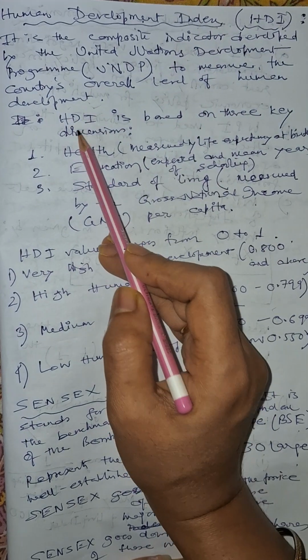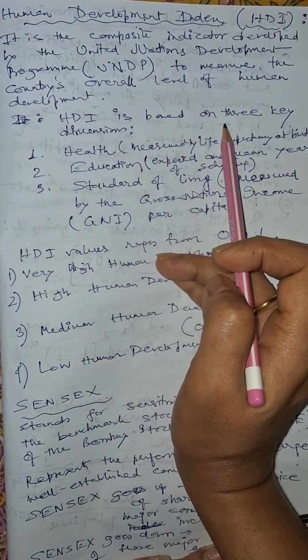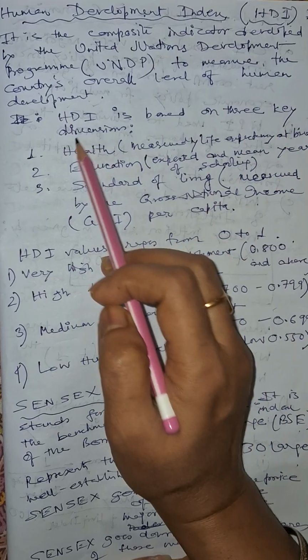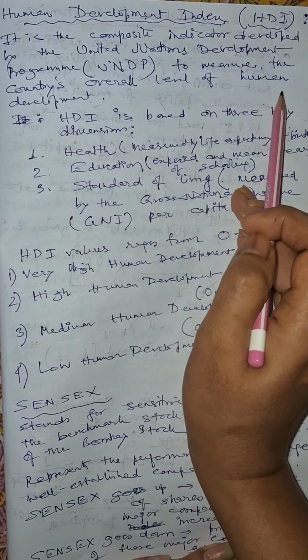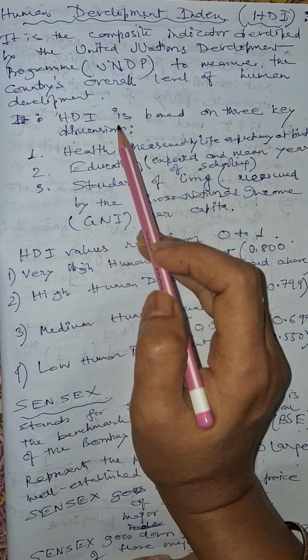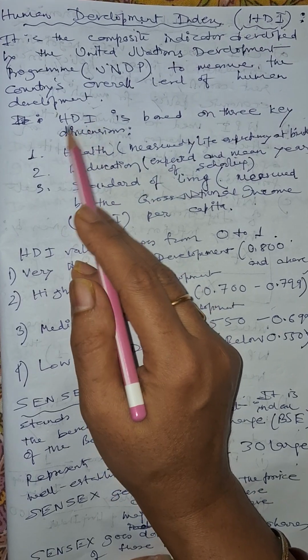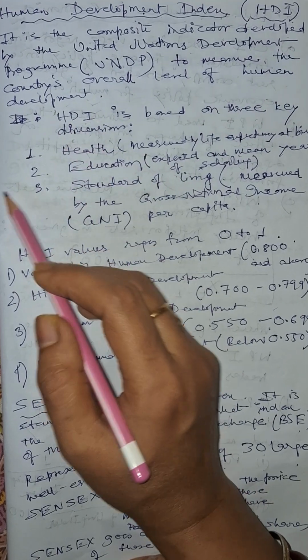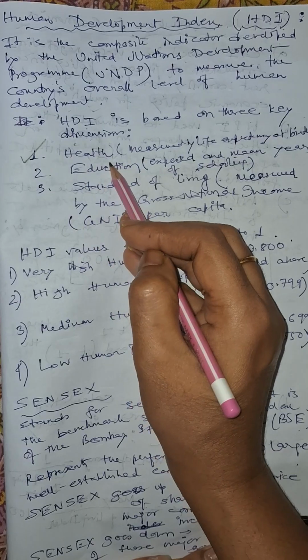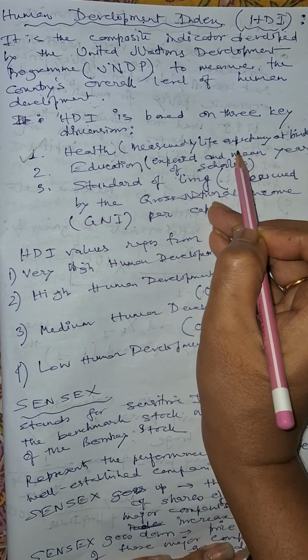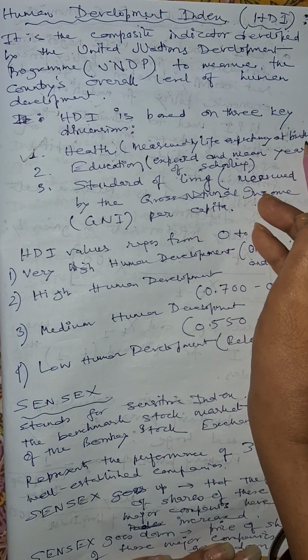Now, the Human Development Index is based on three key dimensions. What are they? The first one is health, and it is measured by life expectancy at birth.